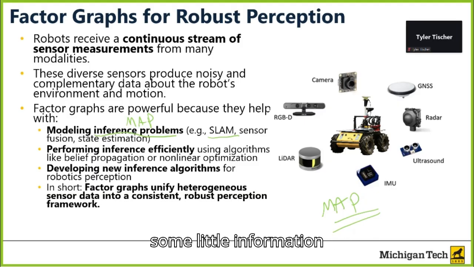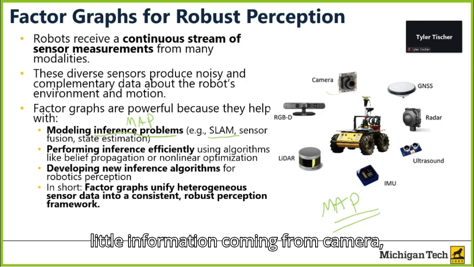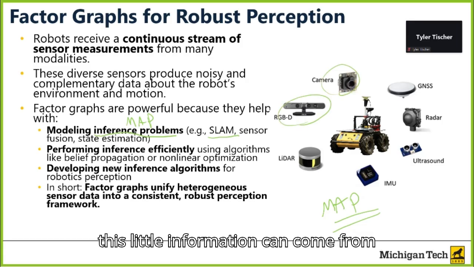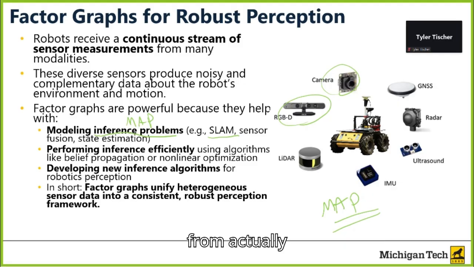Factors are some little information regarding a state. Like this little information coming from a camera, this little information can come from LiDAR, can come from IMU, can come from some prior information. Still, priors are factors because they give information about that state.